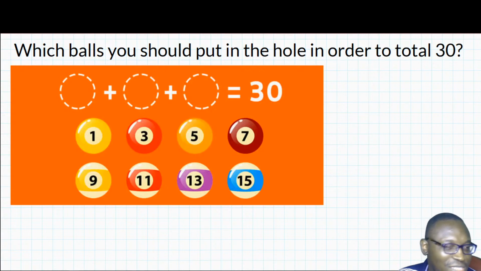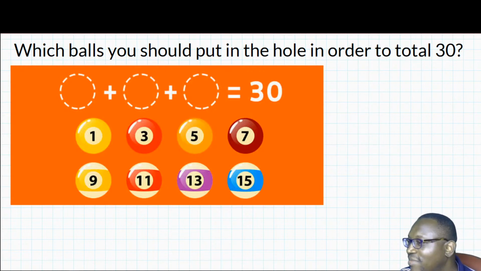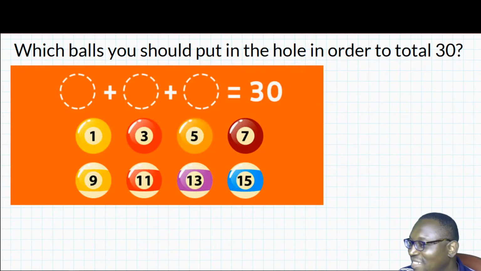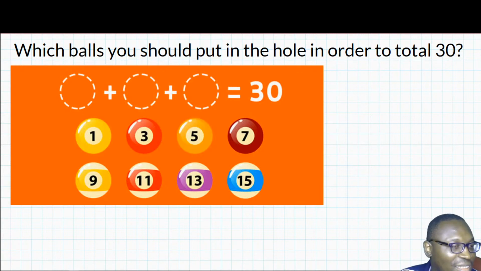No, you can only use the same number once. You don't think so? Okay. And you have to use 3 numbers. You can't leave a hole empty. It has to have a ball in it.